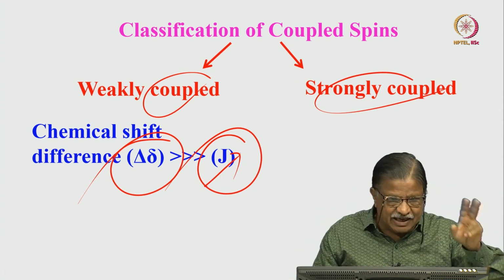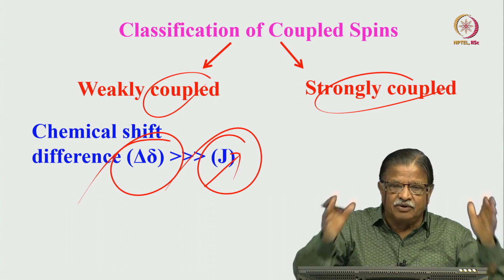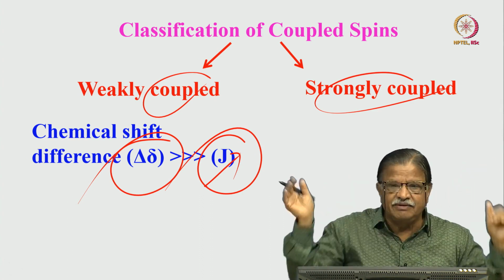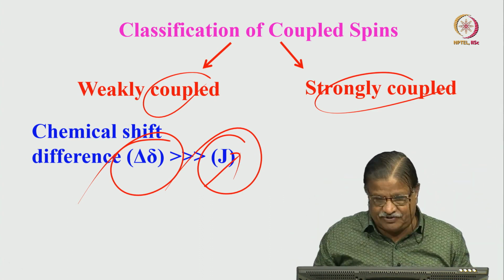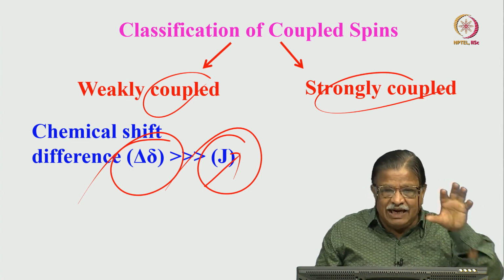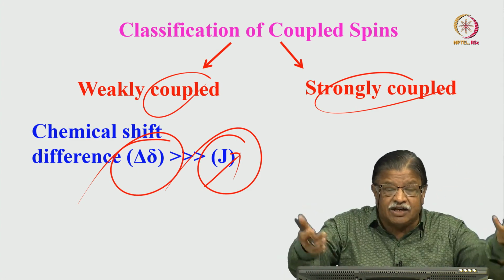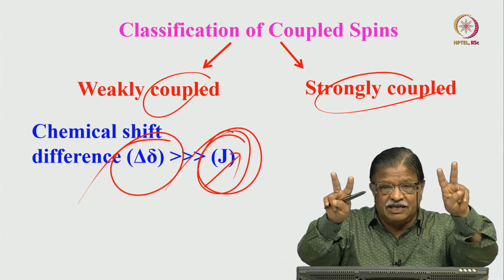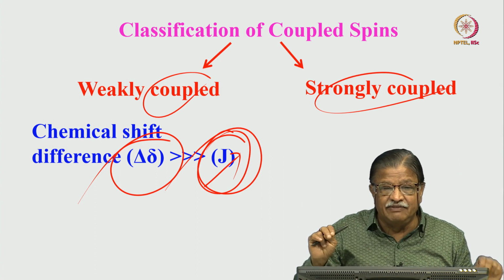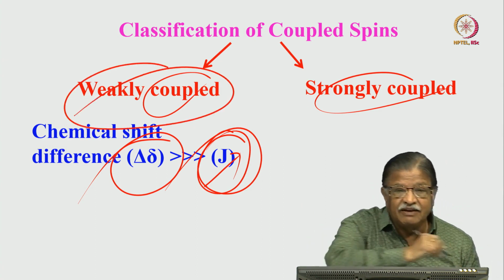Remember, consider the example of two spins with two different chemical shifts, and measure the difference in the chemical shifts. If that delta difference between the two chemical shifts of these coupled spins is very large compared to the coupling strength, which is, let us say, a doublet of doublet, in which case these spins are called weakly coupled.